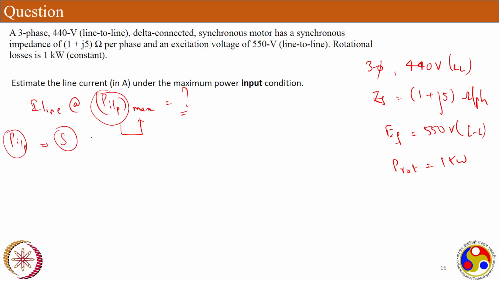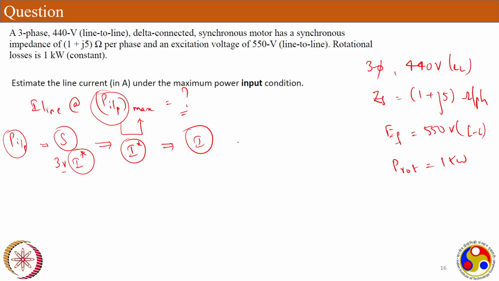Once we get the apparent power, we can easily calculate the real power from the cosine terms. The formula for apparent power is three-phase 3 V I star. V we know, I star we don't know. So to get S, we need to calculate I star.